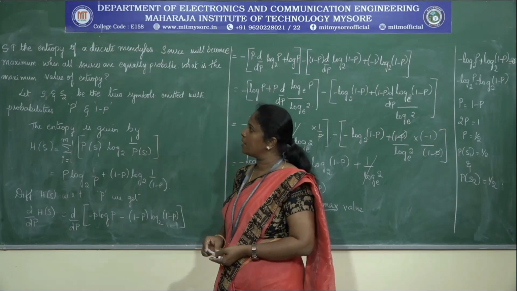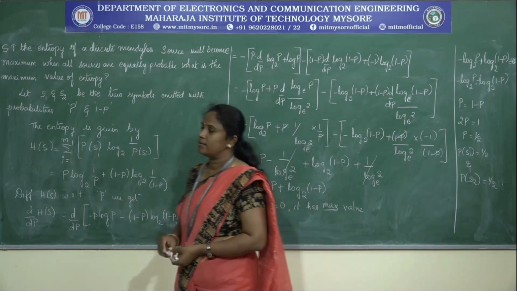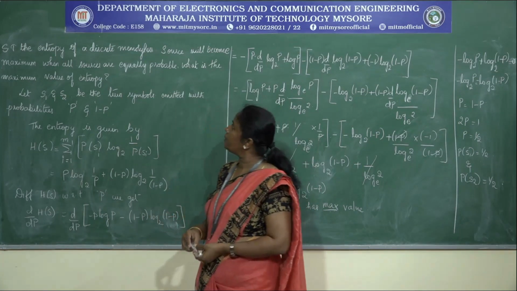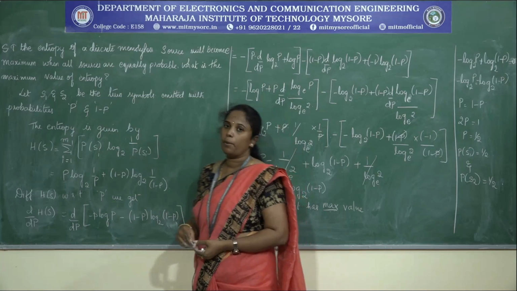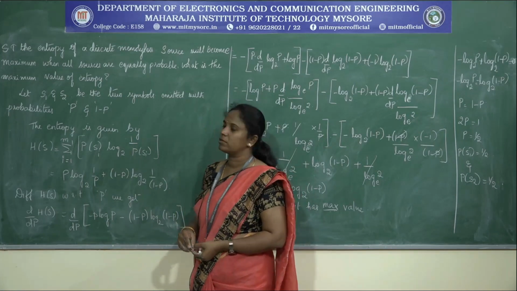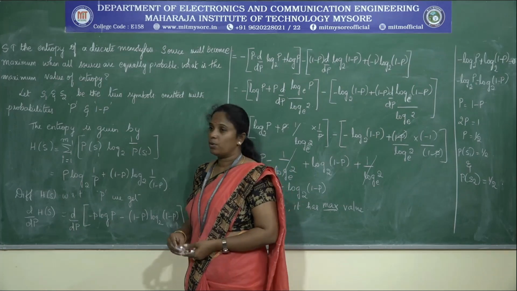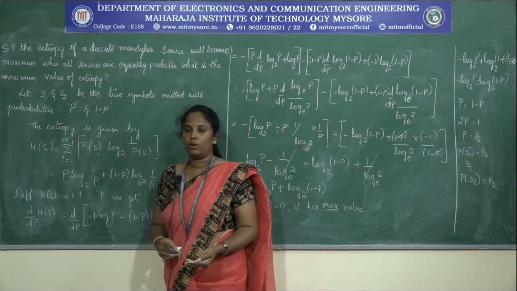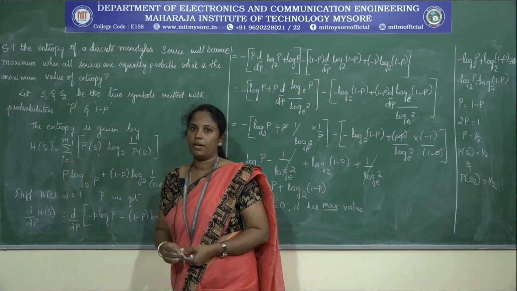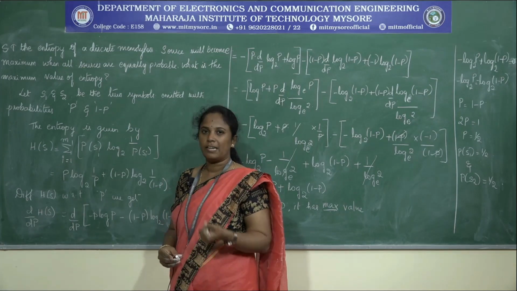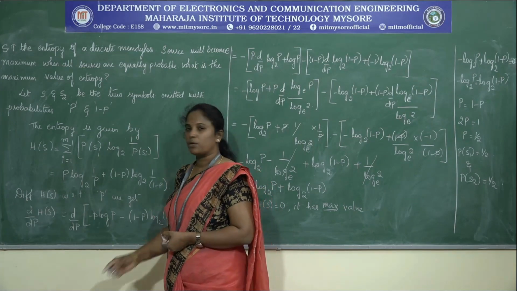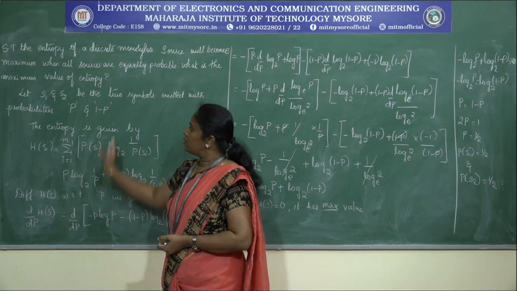The next problem statement is: show that the entropy of a discrete memoryless source will become maximum when all the source symbols are equiprobable. That means, when does the entropy achieve the maximum value? That is what we are showing with this derivation.